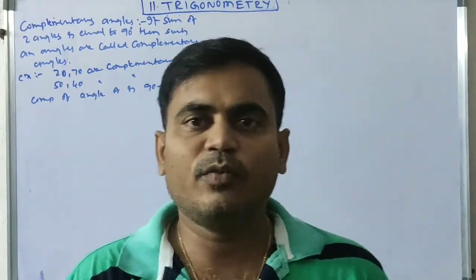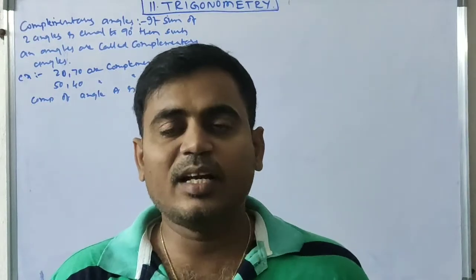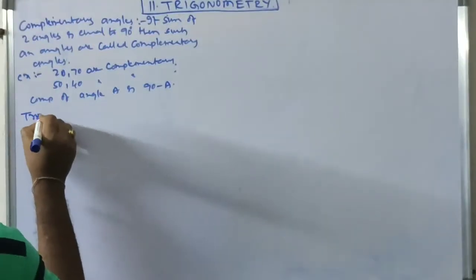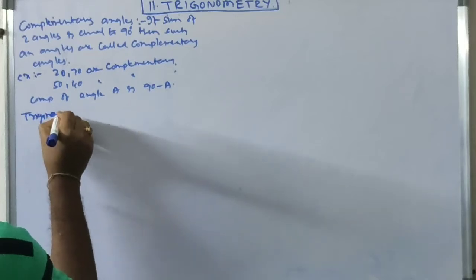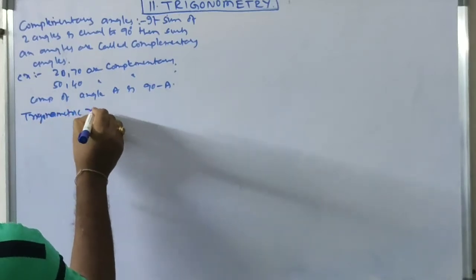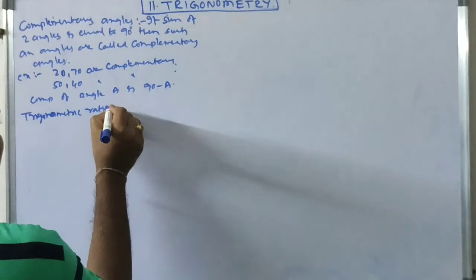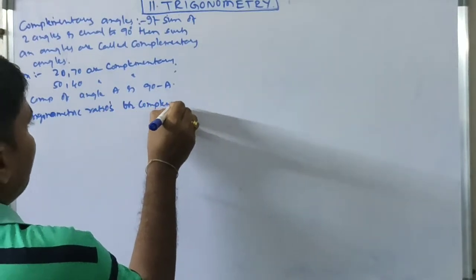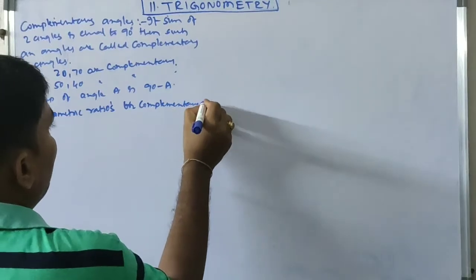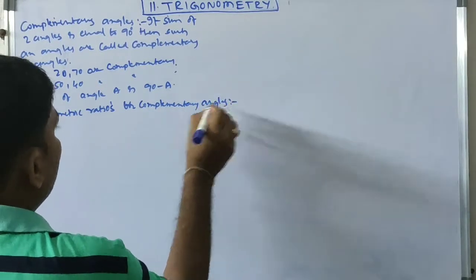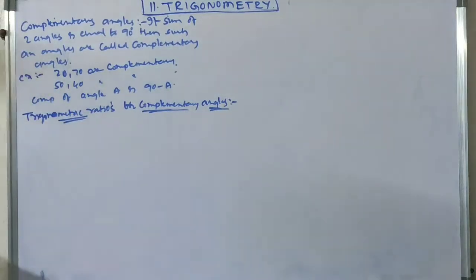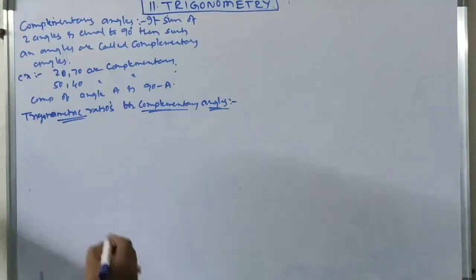Now we need to find the trigonometric ratios for complementary angles. So now I am taking a right angle triangle.